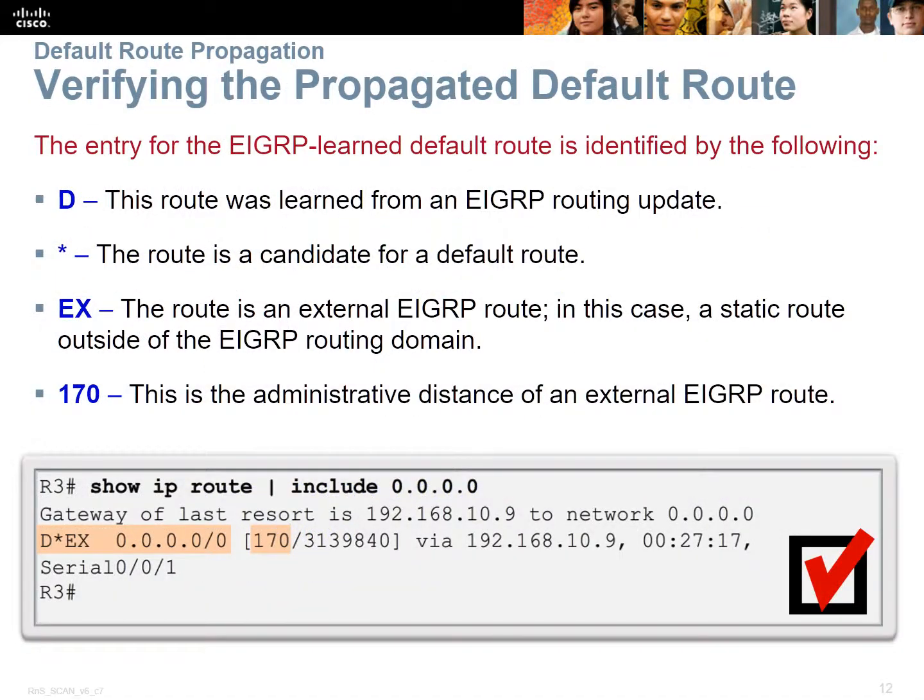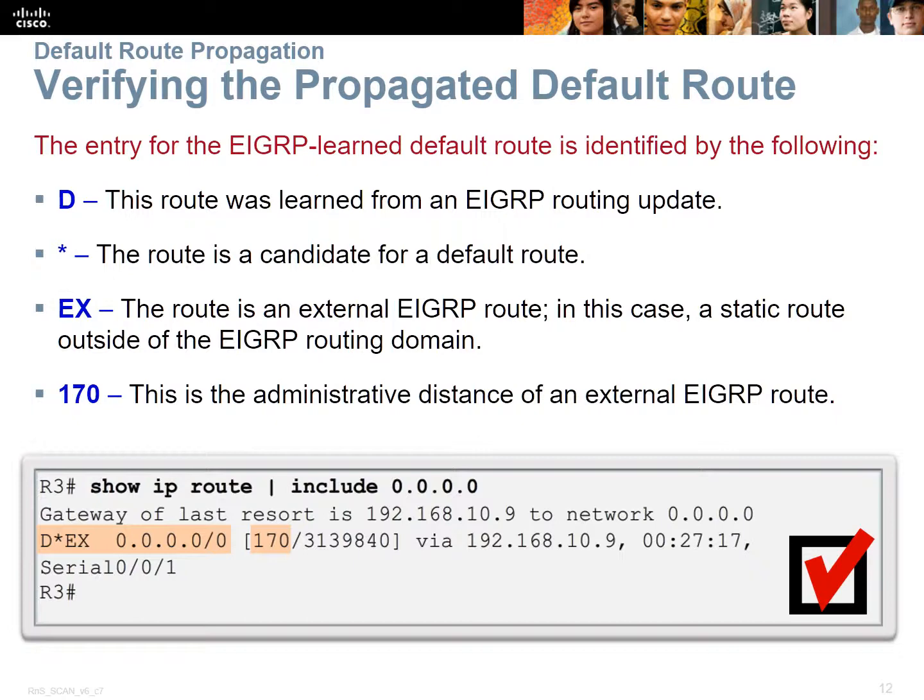Now, interesting thing about redistribution. EIGRP knows what it likes, that's pure EIGRP. So if you're doing redistribution, technically that's an external process that's being sucked into EIGRP. So now the administrative distance of an external route is 170.